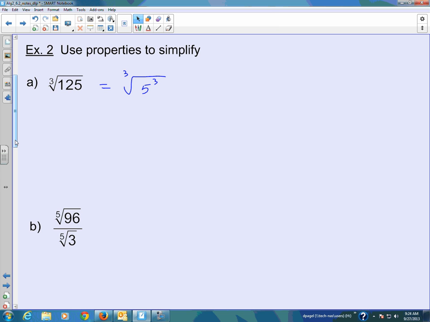And then we have a property of root and exponents being the same. And when that happens, you just get your radicand. So what that means is this just becomes a 5.